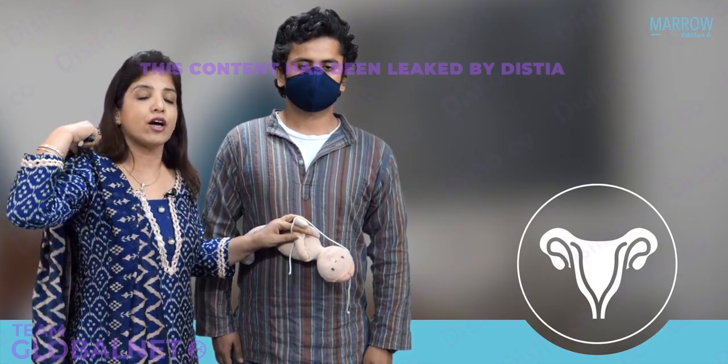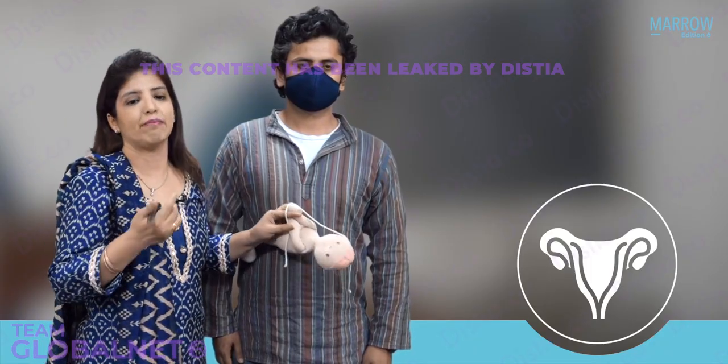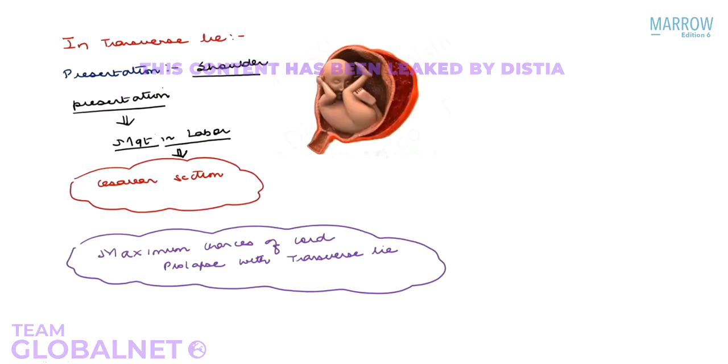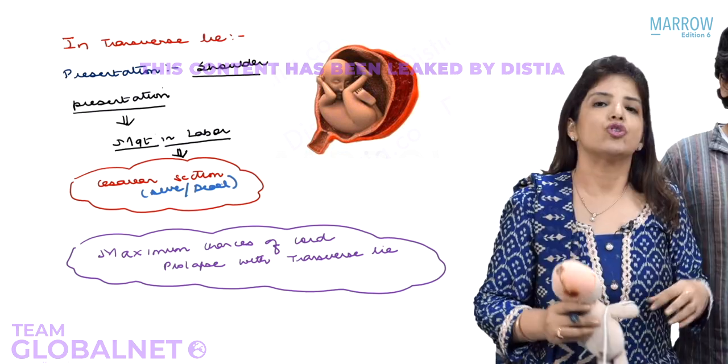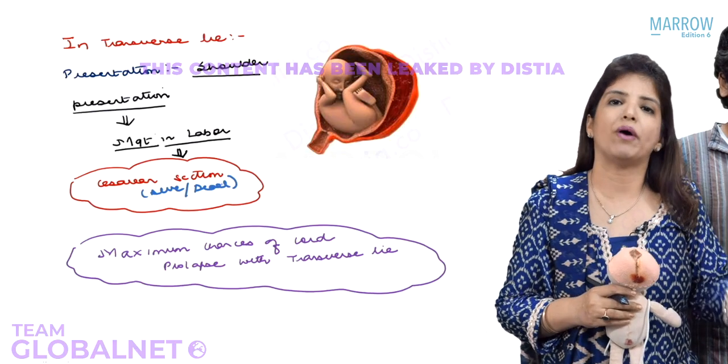So now if I ask you, what is the management of shoulder presentation? You will say, ma'am, management of shoulder presentation is cesarean section, whether the baby is alive or dead.